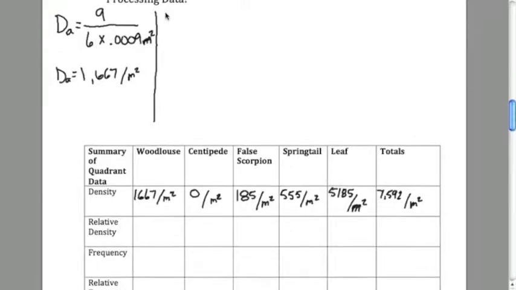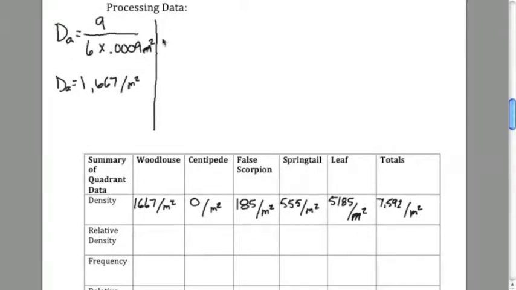Our relative density from the equation above for organism A was taking the density of this species, which is 1,667 per meter squared, divided by the total density of all the species, so 7,592 per meter squared.